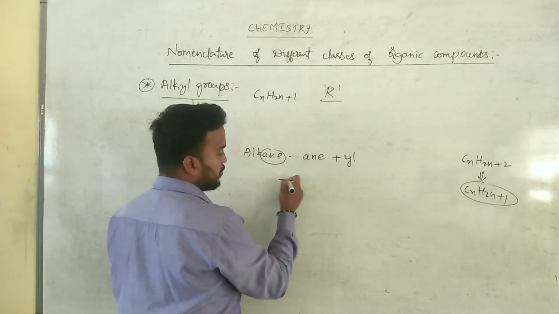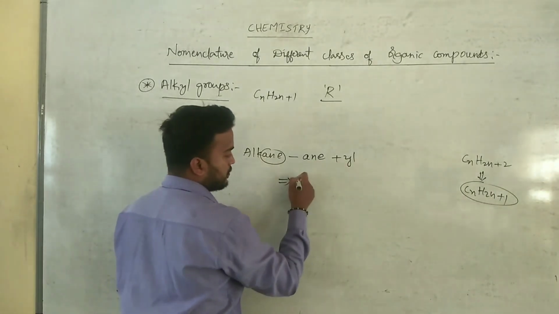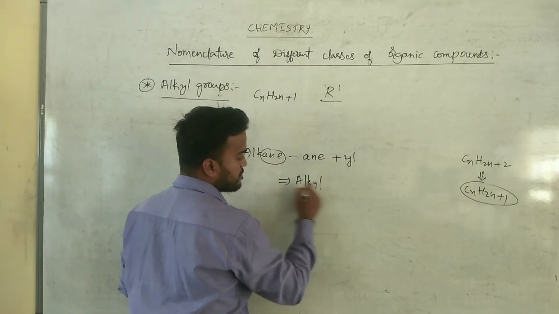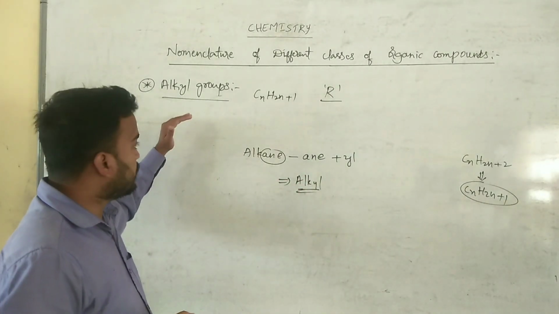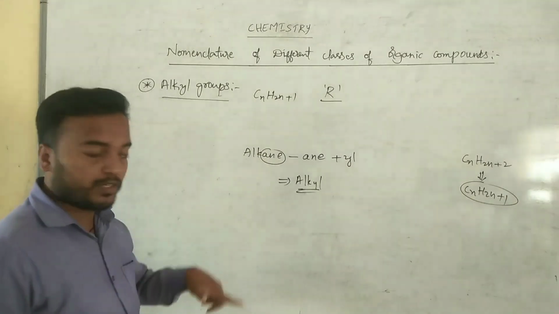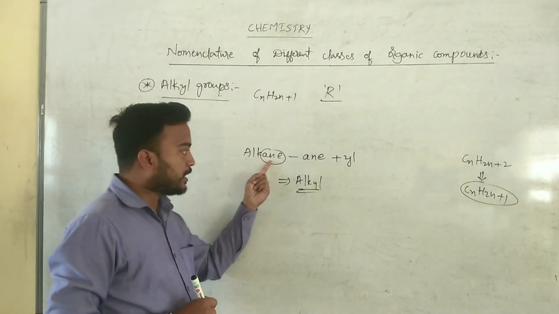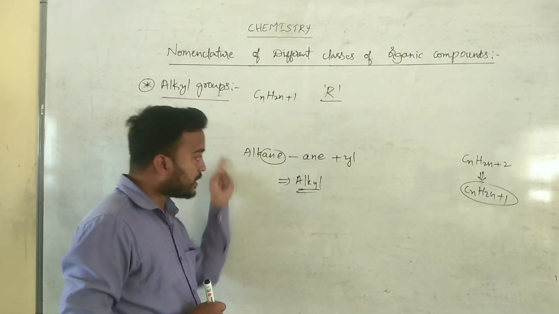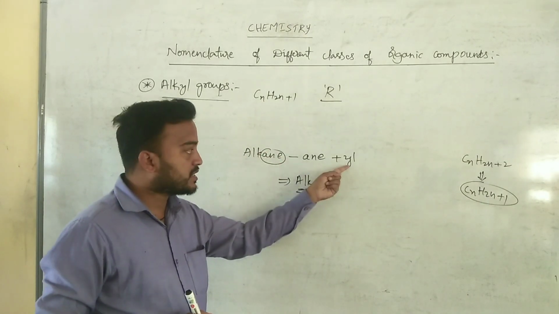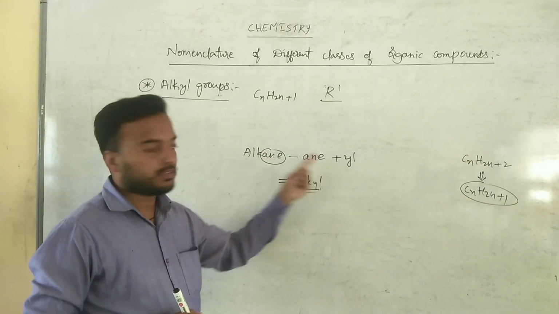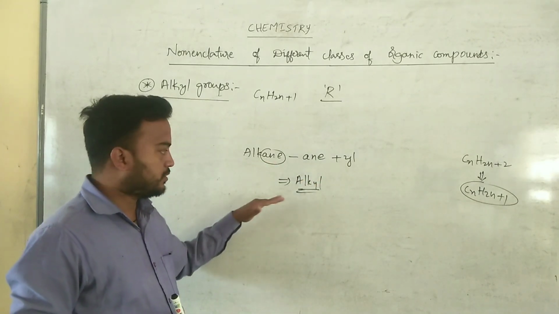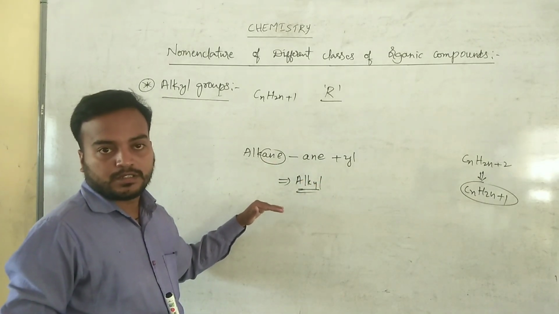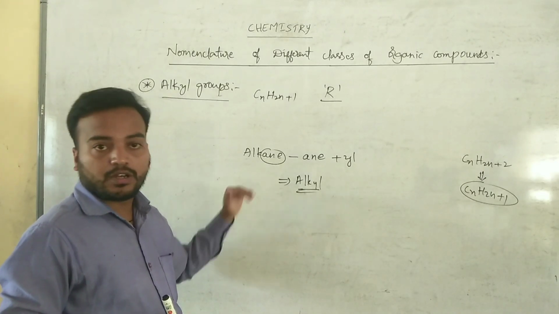The IUPAC names of alkyl groups are derived by replacing the terminal ANE of the corresponding alkane with the suffix YL. So this is the general rule for naming alkyl groups.